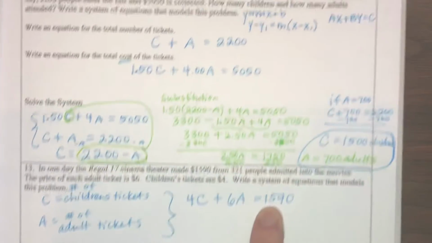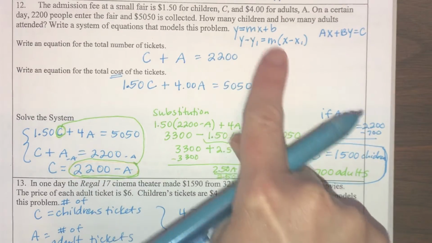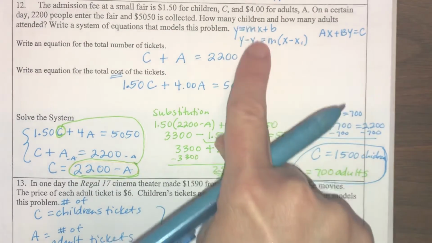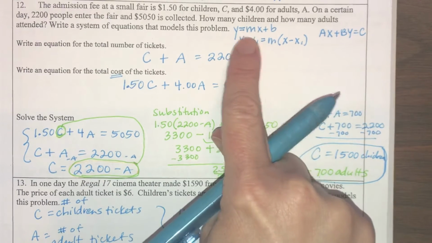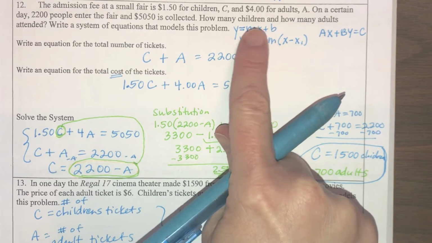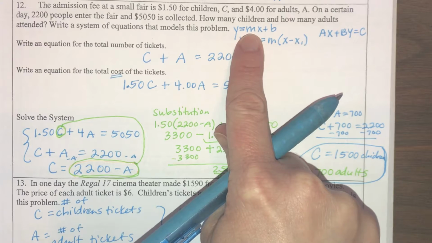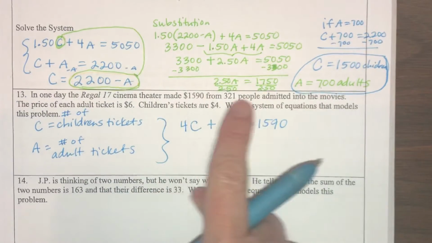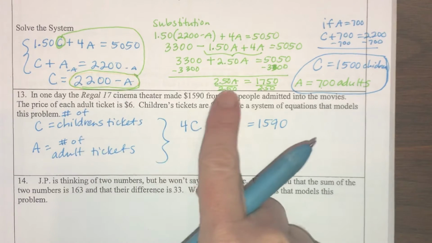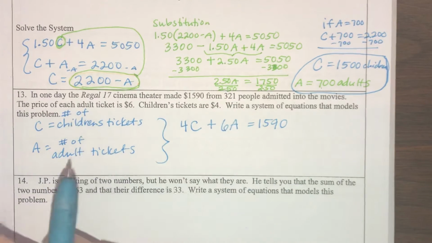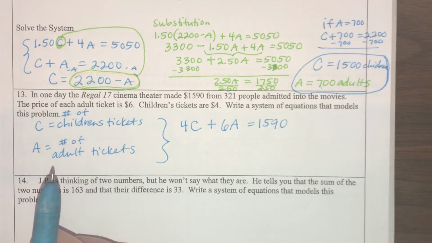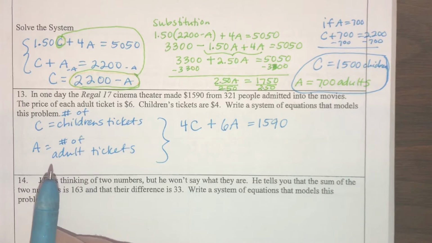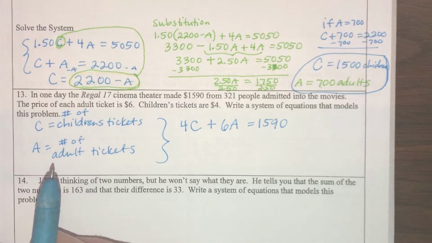Now, I want to talk about how I knew to use this type of equation. I briefly said in a previous video, there are three forms of an equation of a line that we know, and one of them is called slope-intercept form. In order to use slope-intercept form, you need to know slope and you need to know a starting point. And none of the numbers that we were told represented what's called a rate of change, like miles per hour or seconds per minute or something like that.